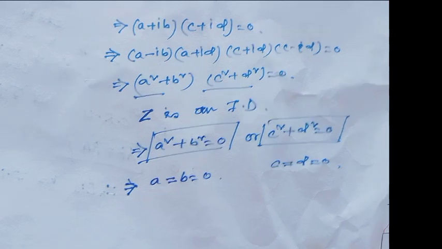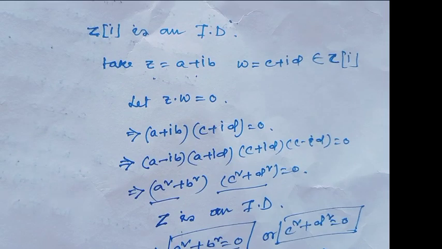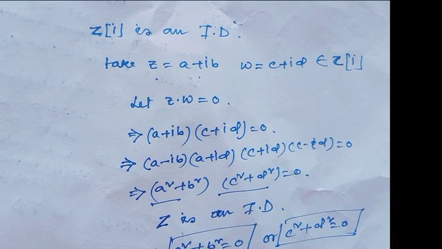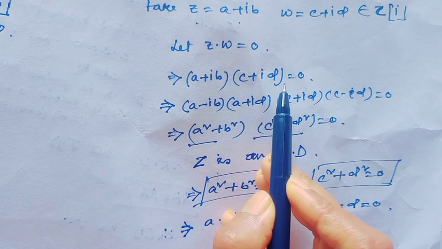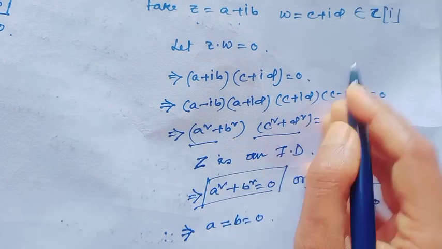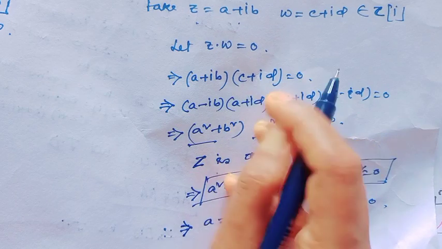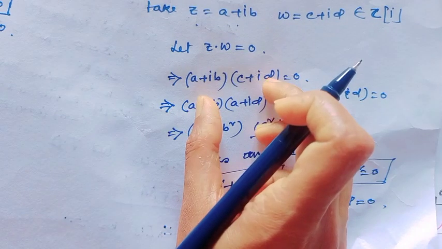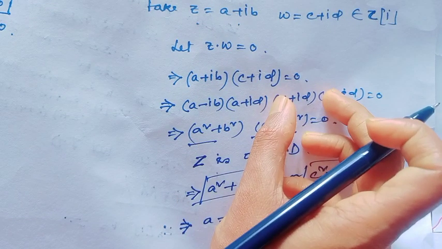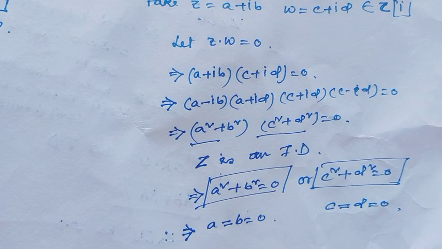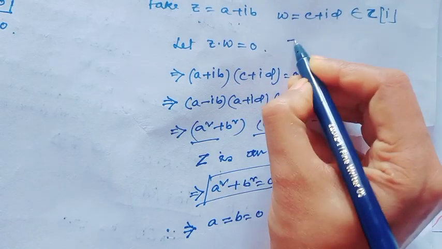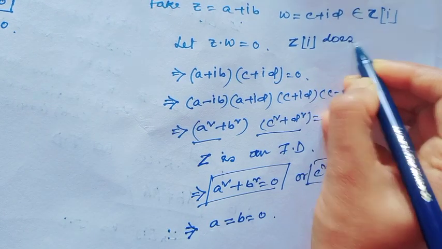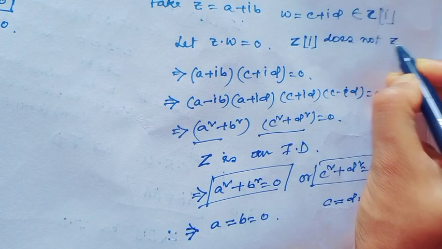Therefore obviously Z[i] is an integral domain. Thus this product equals 0 only for the zero element, otherwise for non-zero elements this is not possible. So Z[i] does not contain a 0 divisor.